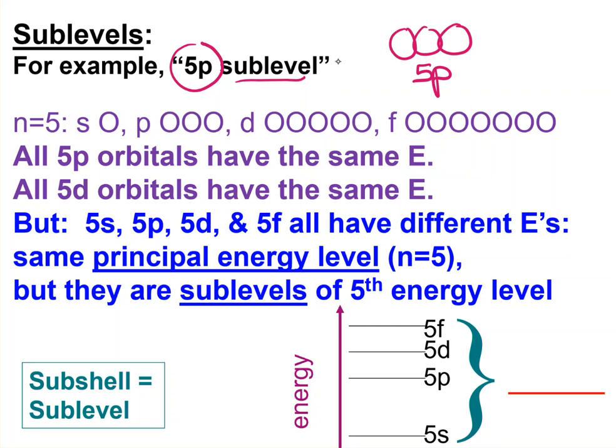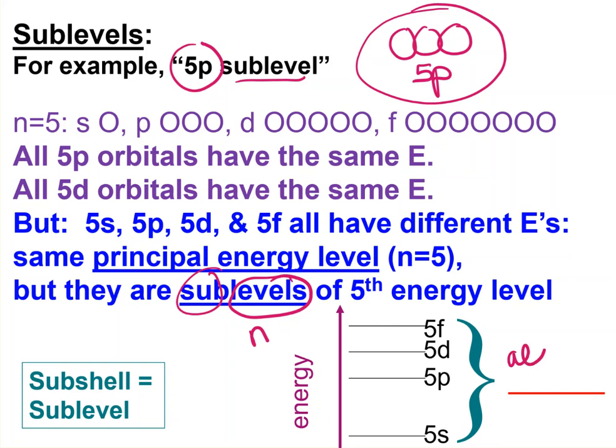P's come in sets of three. So this is kind of how I would represent that sublevel. And why do we call them sublevels? Well, it kind of makes sense that they're within one level. When we talk about a level, we're talking about n, the principal energy level, and these are sublevels within that. So for example, the fifth energy level, here are 4 sublevels.